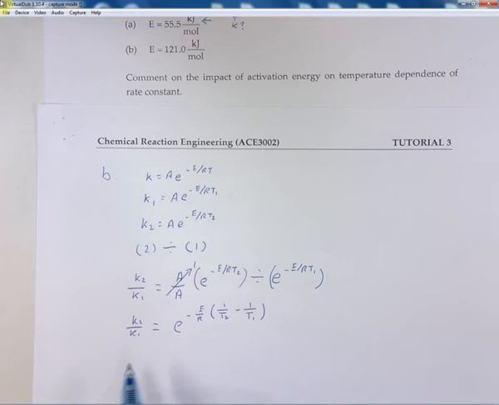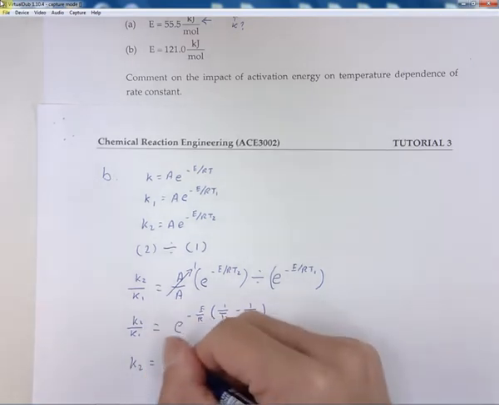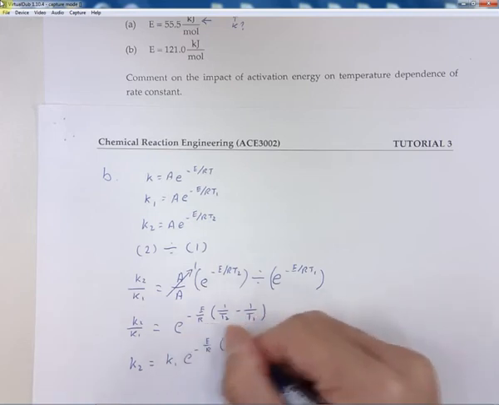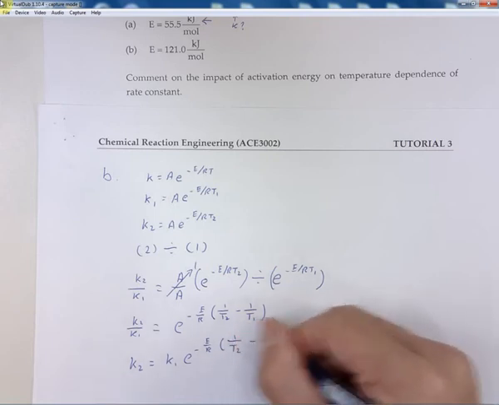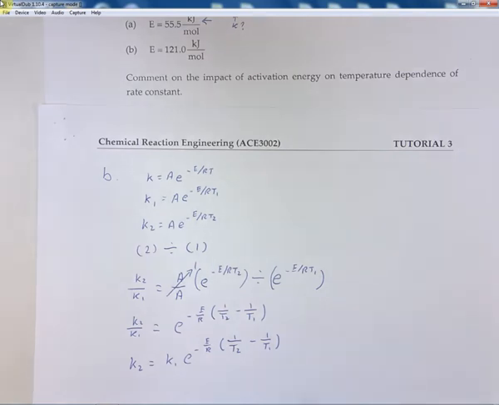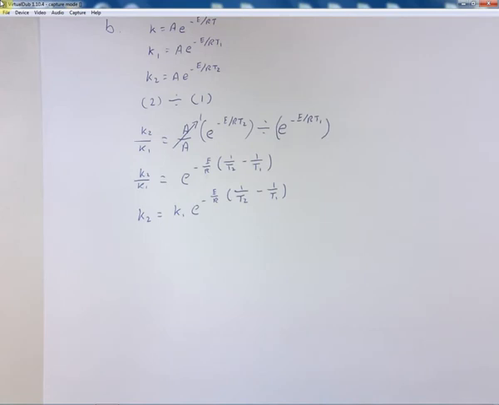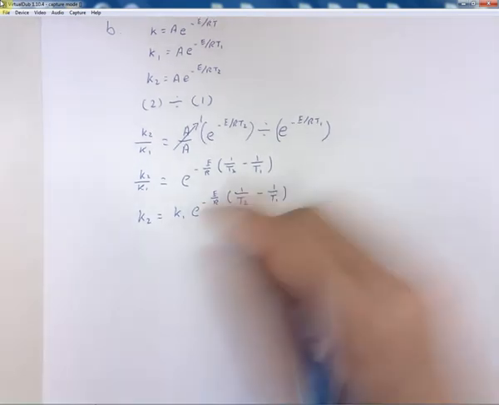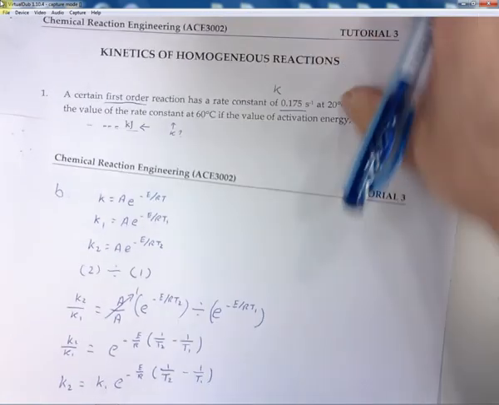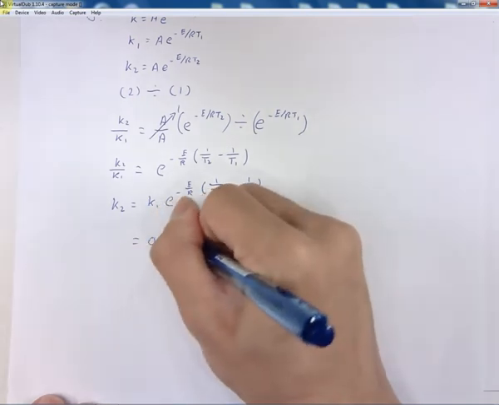So we are going to solve for k2. We can move the k1 to the other side. From here we can see k1 is given as 0.175, so we just sub in the value 0.175.